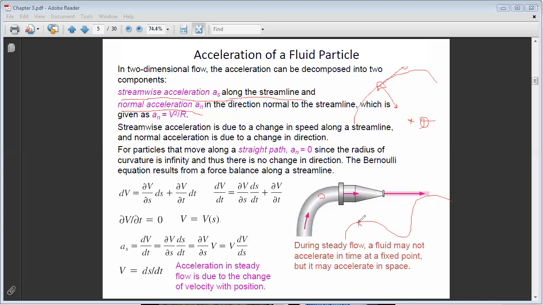How can I do this? If I am at this location and I am moving, I can consider that this small segment can be approximated as an arc of circle. This is why when I am here, the center of curvature will be at this point, and my normal acceleration an will be directed towards this point.